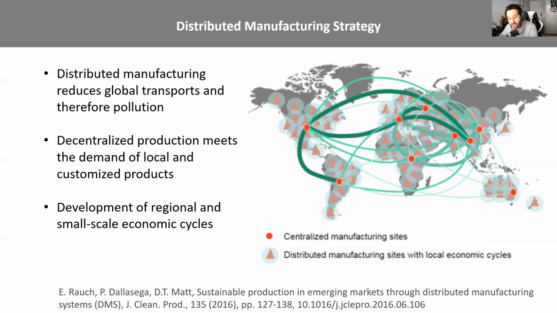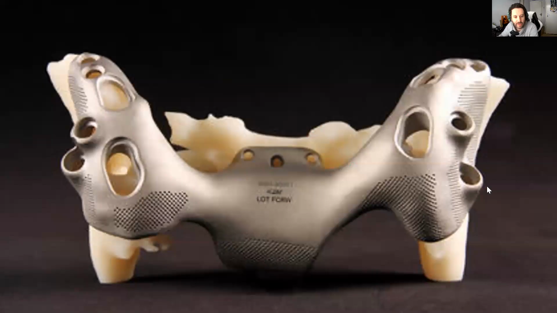So, versus manufacturing everything you need in Asia and shipping it to the rest of the world, you can set up centralized manufacturing sites, but then you also set up distributed manufacturing sites which serve local economies. So I'm on the island of Ireland now. A distributed manufacturing site there could solve all of the needs of the Irish market and then not require as much transport or import of goods and materials from other regions.